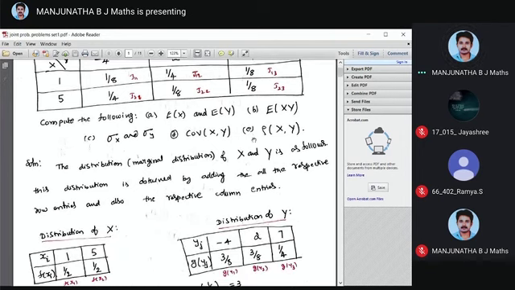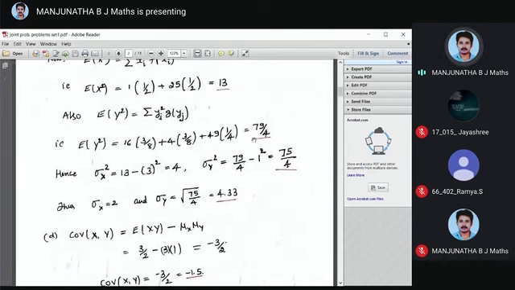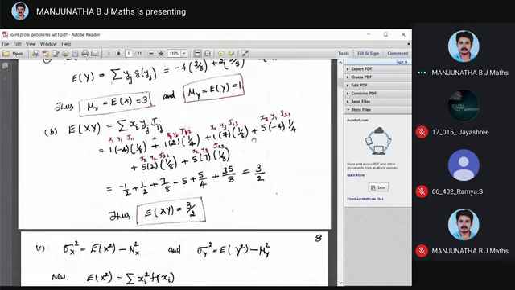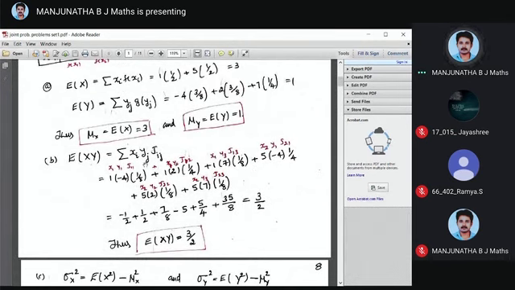Otherwise, start with x1. i equal to 1, j equal to 1, x1, y1, J11; i equal to 1, j equal to 2, x1, y2, J12; i equal to 1, j equal to 3, x1, y3, J13. Next, x2, y1, J21; x2, y2, J22; x2, y3, J23. See, you can write in this way.